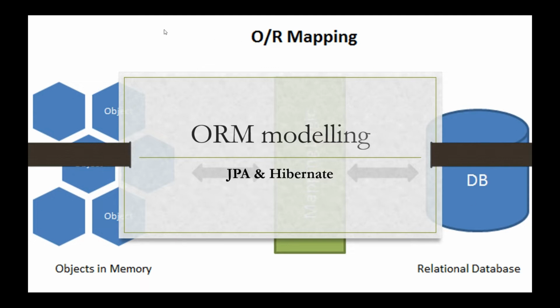If you see here in the picture, in the background, we have some objects, right? And we want to map these objects to the tables in the database. So let's now go to Eclipse and implement that idea.